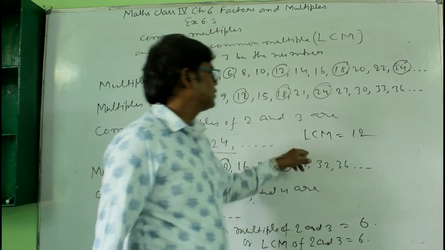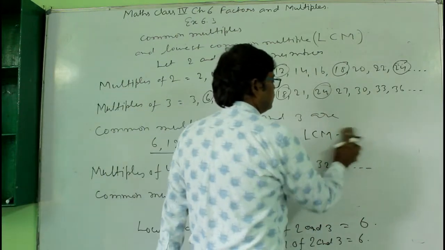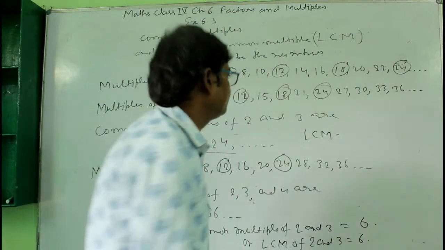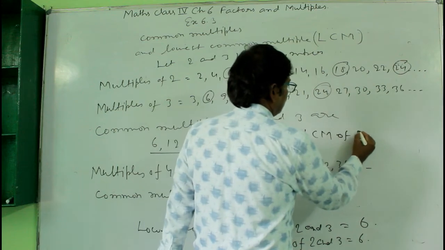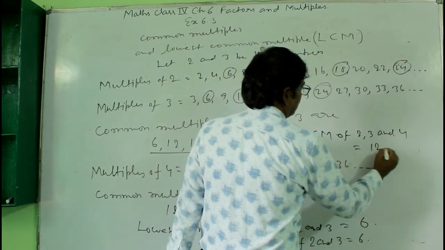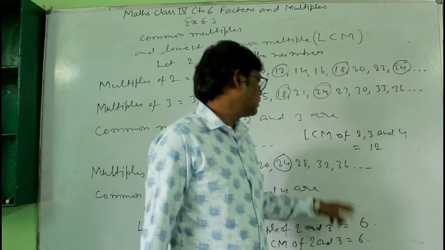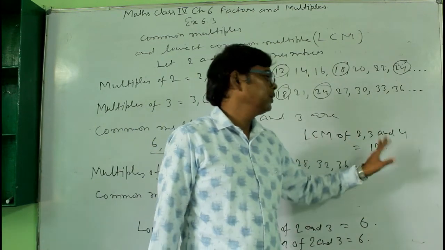So the LCM of 2, 3 and 4 equal to 12. The LCM of 2 and 3 is 6, but the LCM of 2, 3 and 4 will be 12.